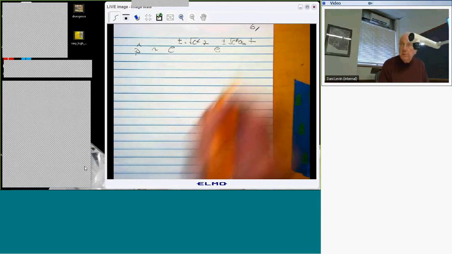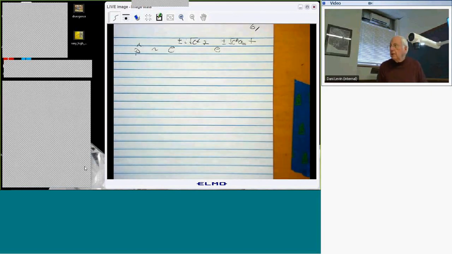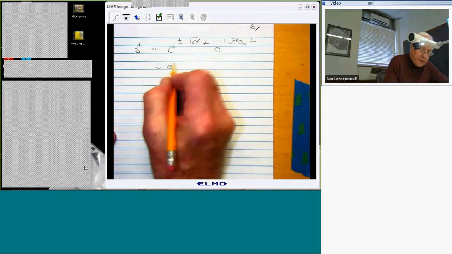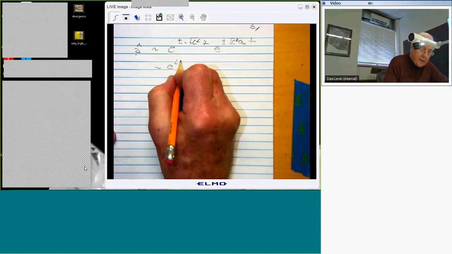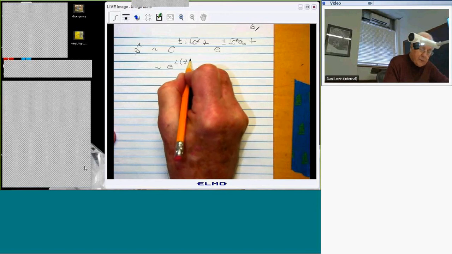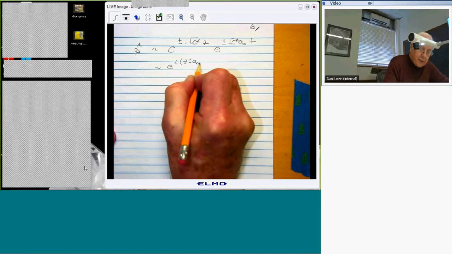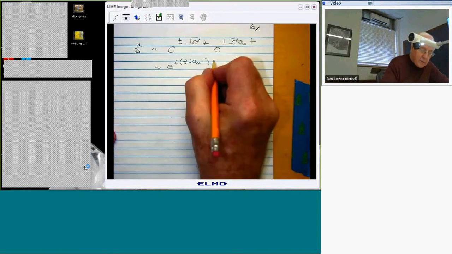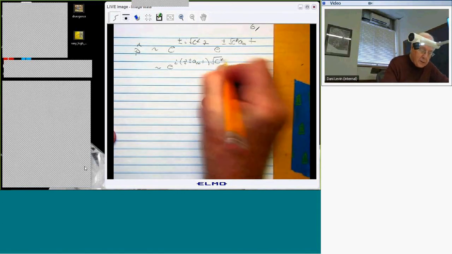Those are all the solutions that we have. And so if I collect those, I've got E, I've got an I, I've got Z plus or minus A infinity times time, times the square root of C star.